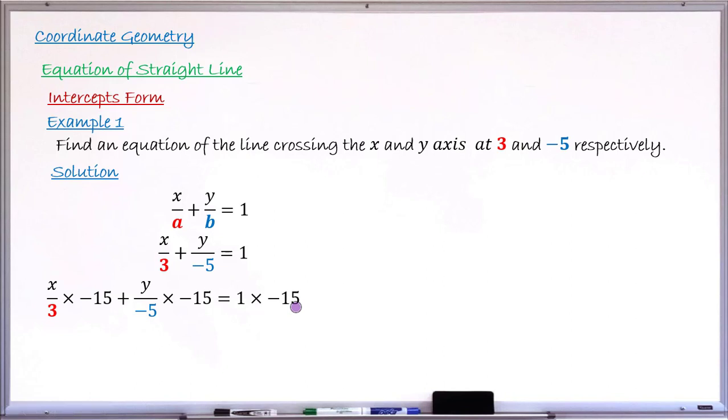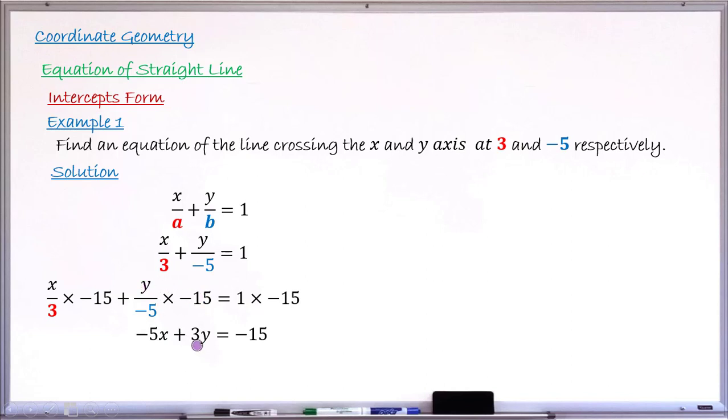So I continue. 3 goes into 15, 5 times, so you have 5 times x, that gives you 5x. Y over minus 5 times 15, minus 5 into 15, will give you minus 3y.